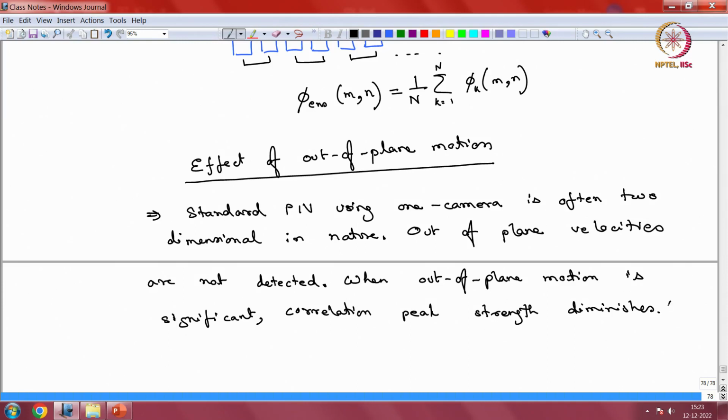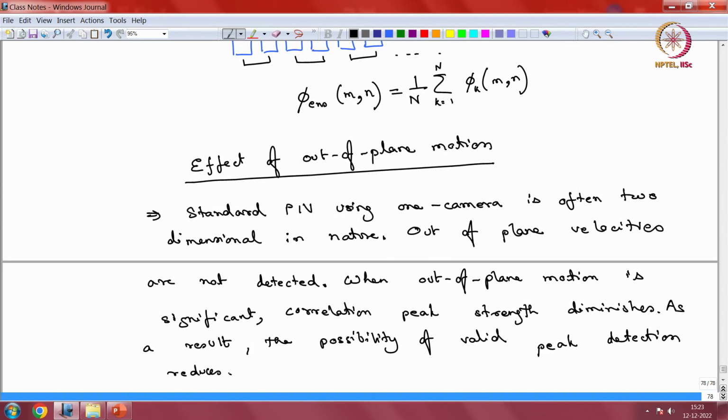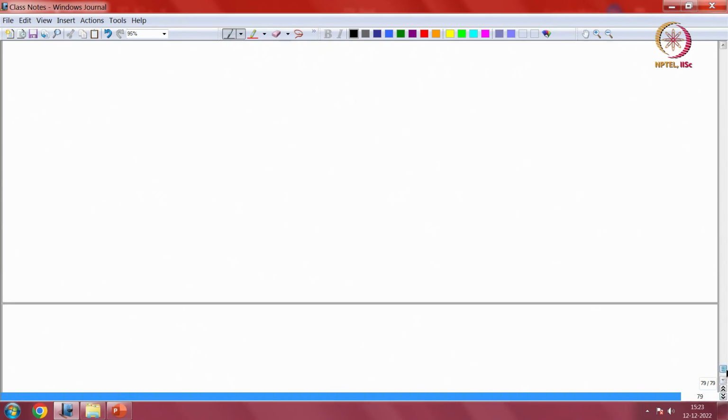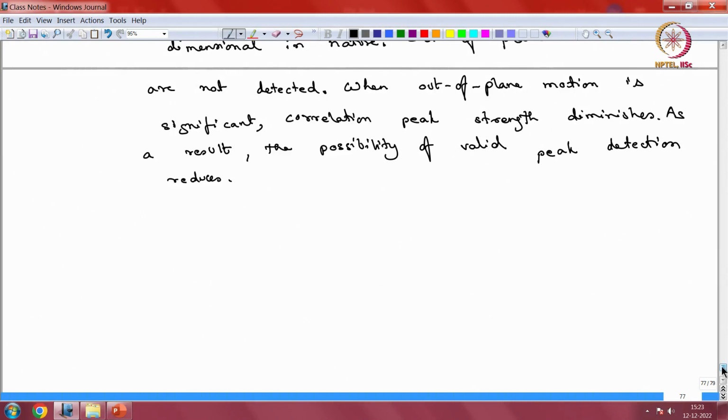And as a result, what can happen is the possibility of valid peak detection reduces. So experimentalists have tried to do different things in order to reduce errors in such a case.